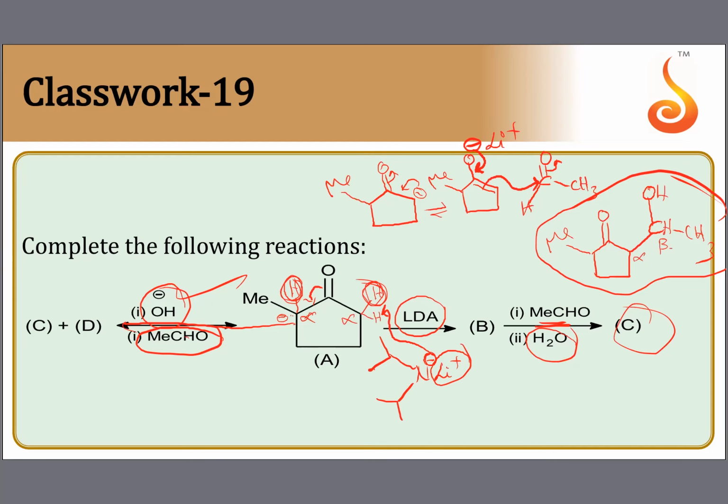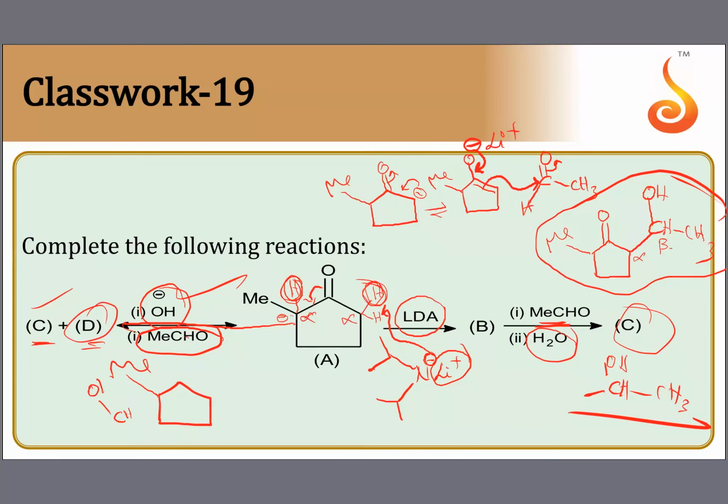At alpha carbon, which one we have to add more? CHOH, CH3, no? After total working, same all these steps, what might be C? D already we got, C already we got, no? What might be D? Now here methyl already present. To this alpha carbon newly, which one you have to add? CHOH, CH3 you have to add, that's all. Yes, this is the answer. So this is D. C already we got.